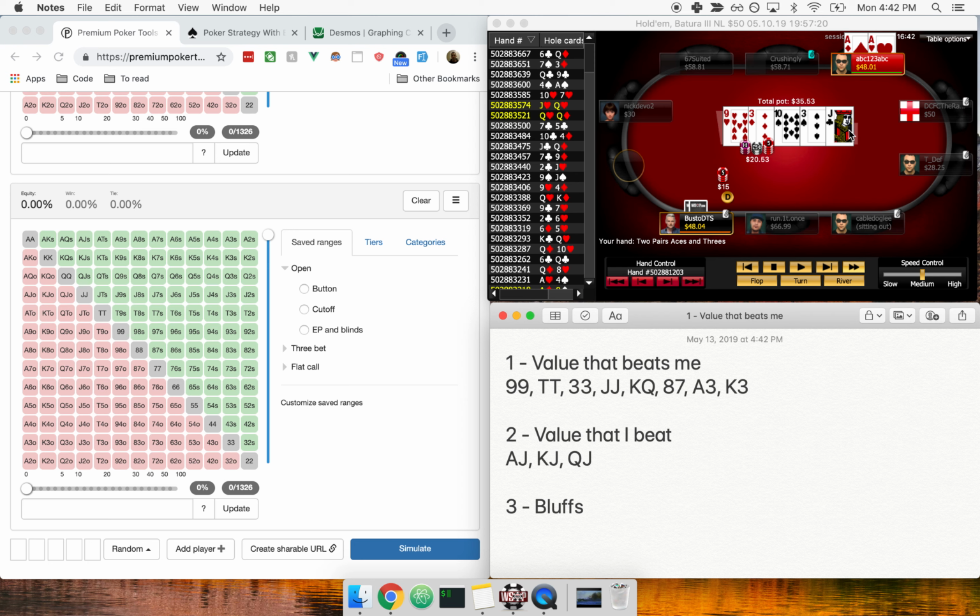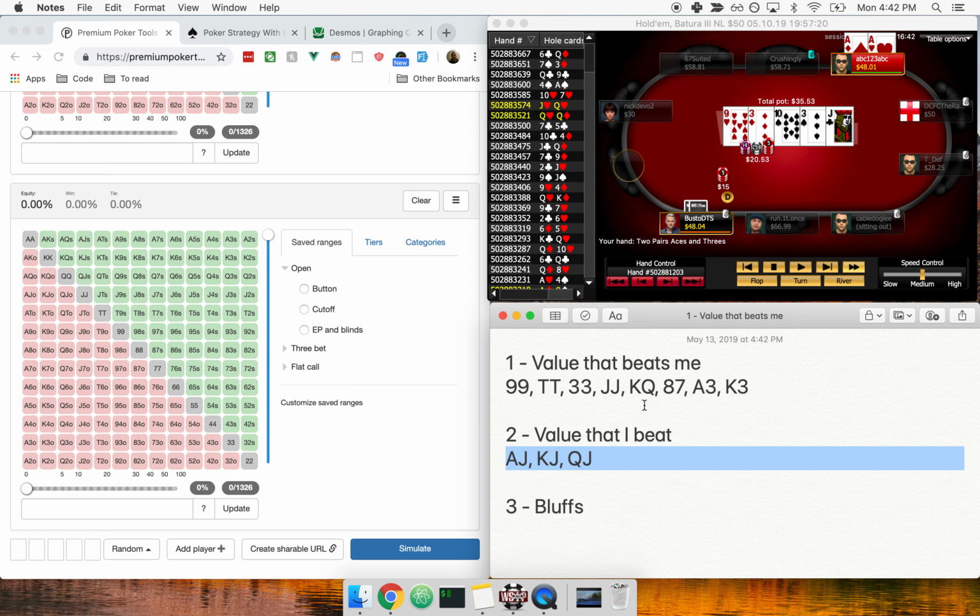It loses to jack-9. I probably am not playing jack 8 or jack 7 or anything like that from early position. So what is he really hoping to get value from by betting something like queen-jack here? And the same thing with king-jack, or ace-jack. It's hard for him to bet these hands and hope to get value from me.